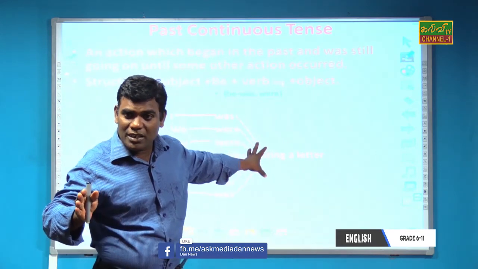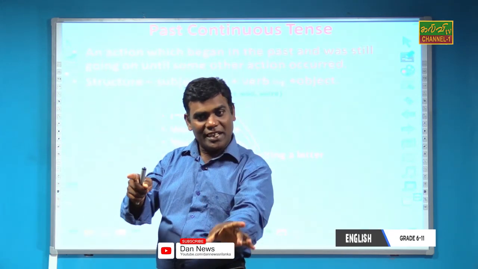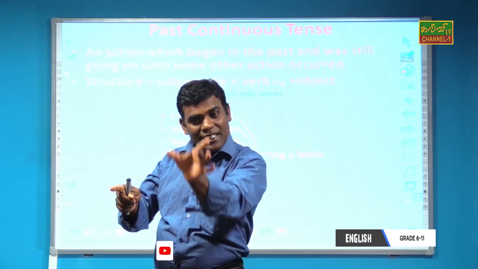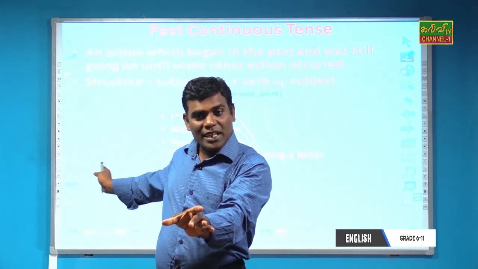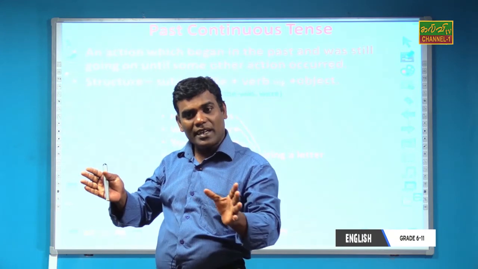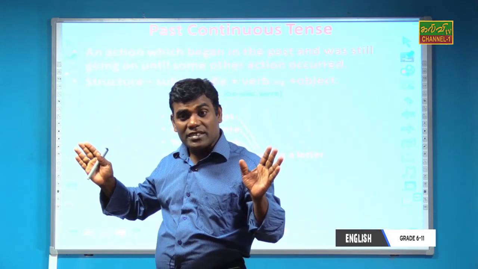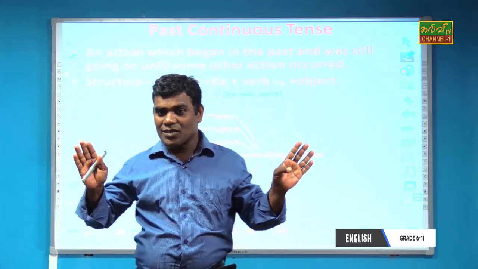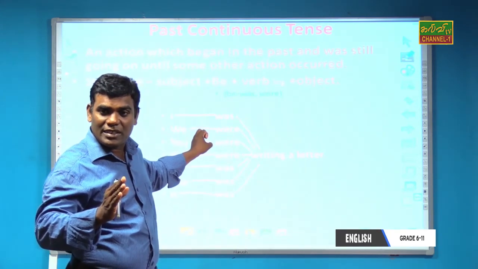Through this example you will understand subject and helping verb was or were, then verb 1 plus ing form. Through this example you will make beautiful sentences, or more than one sentence, based on past continuous tense. So you can see, I have given the valuable sentence.